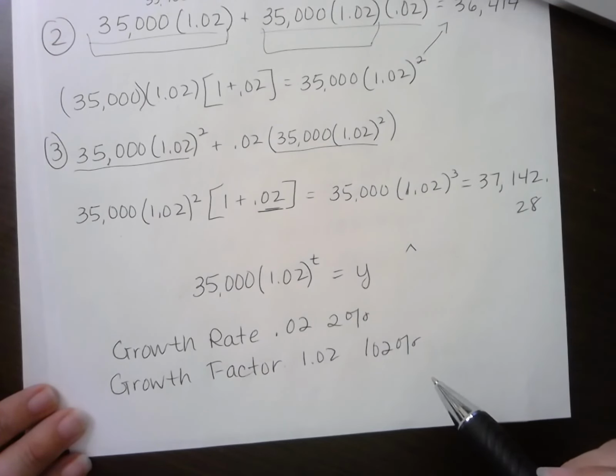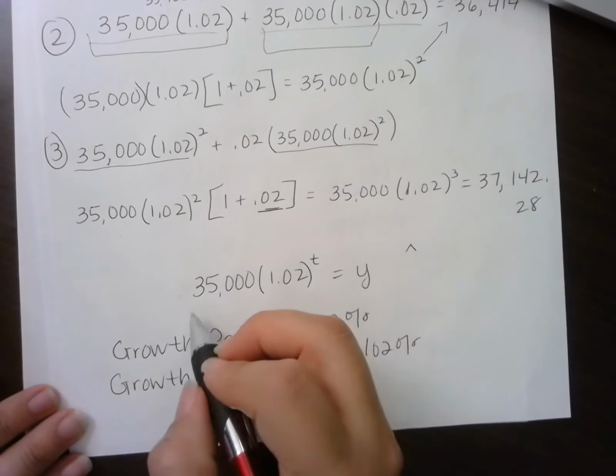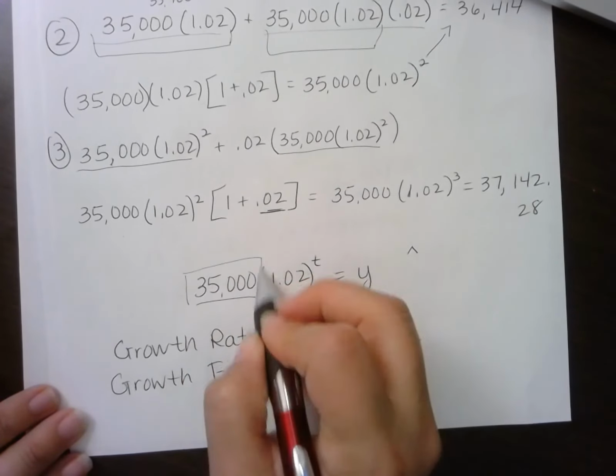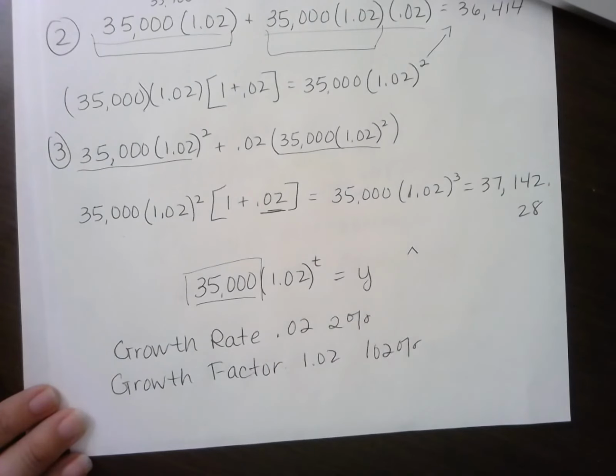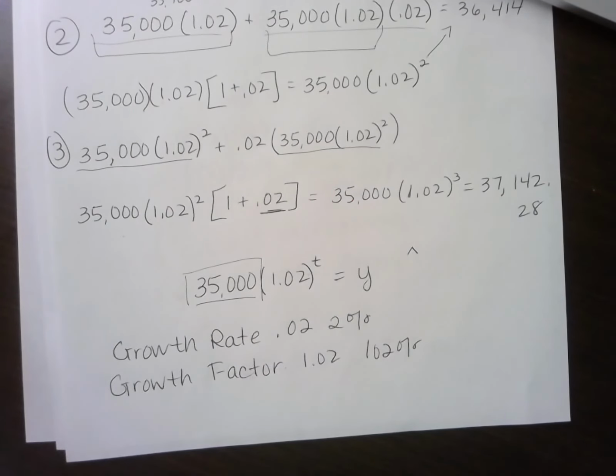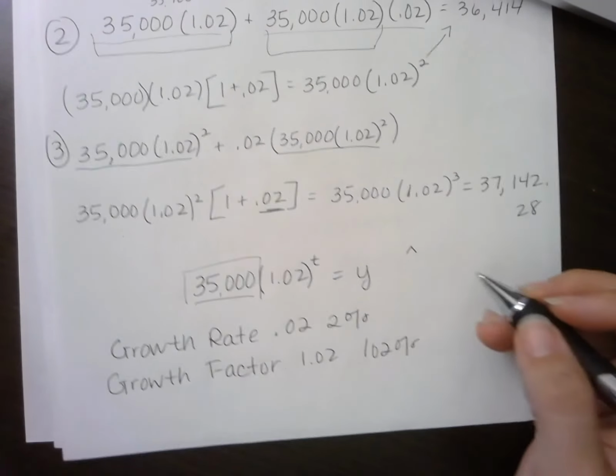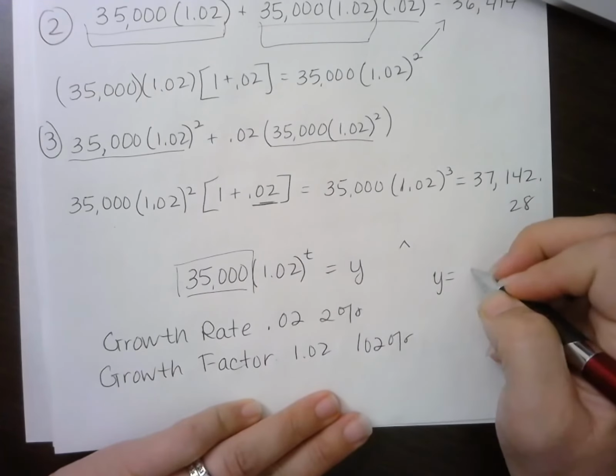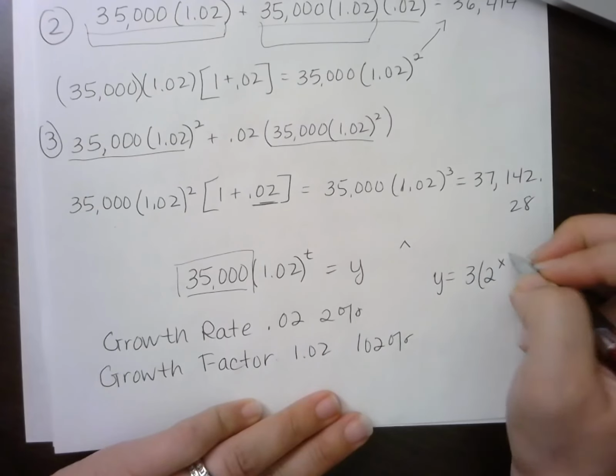And I also want to point out that this is actually when there's a number in front of my exponential. The ones that I graphed before, the 2 to the x, didn't have another number in front of them, but if I did, it would look like y equals 3 times 2 to the x, like that.